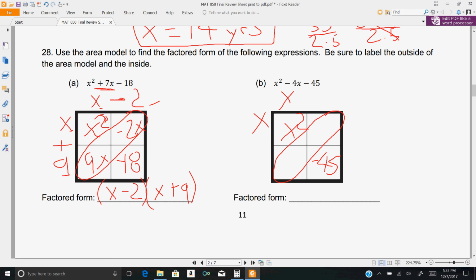I want the bigger one to be negative, so I'm going to do negative 9 and positive 5. That gives me 5x and negative 9x. When I add those together, negative 9 plus 5 does give me negative 4. So I know that's the one I want. I'm going to put x minus 9 times x plus 5.